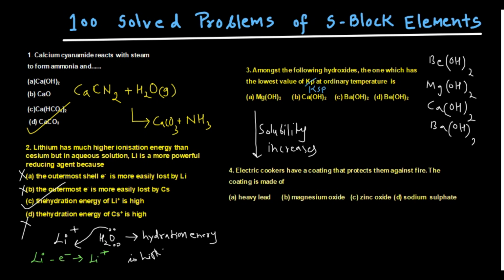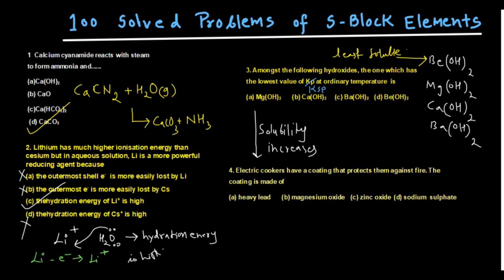So this is the scenario, and beryllium hydroxide is the least soluble. In the question itself you can see: among the following hydroxides, the one which has the lowest value of Ksp at ordinary temperature, right?